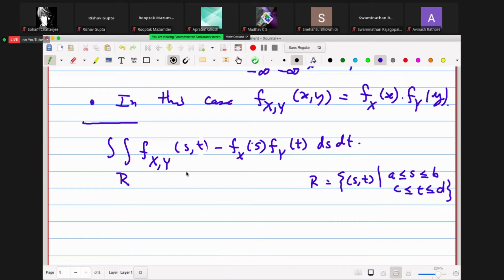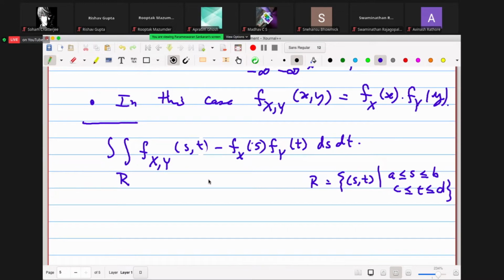Again, you cannot say that this is actually equal to 0. All you can say is that this is 0 almost always.